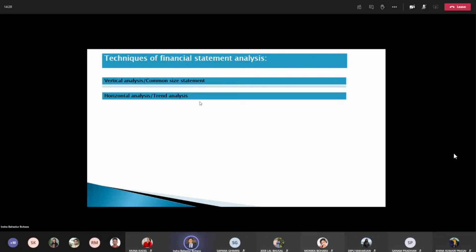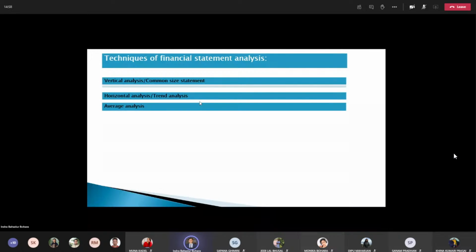Similarly office expenses, selling expenses, other income and profit, all the components of the income statement of the first year of the study period are assumed as 100%. Then by what percentage each and every component has increased or decreased is calculated under horizontal analysis, and that will also be discussed from the exercise.